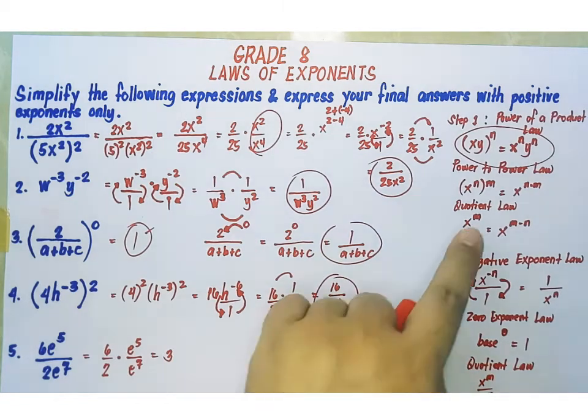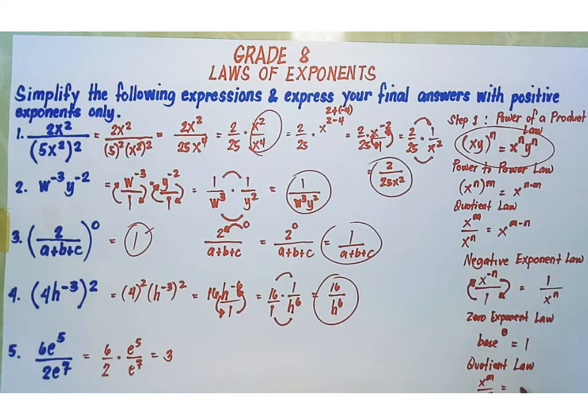Ayun na pala. Nasulat ko na kanina. You keep the common base and subtract the exponents: numerator exponent minus denominator exponent. So it's 3 times e.